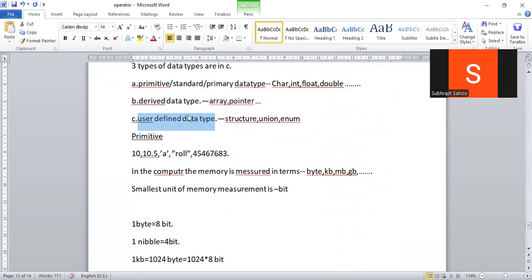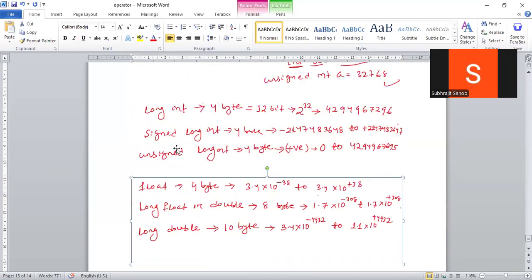All these things we will discuss slowly in the coming classes. So these are the data types used in a C program with their storage capacity, and I also gave examples of why different data types are required.